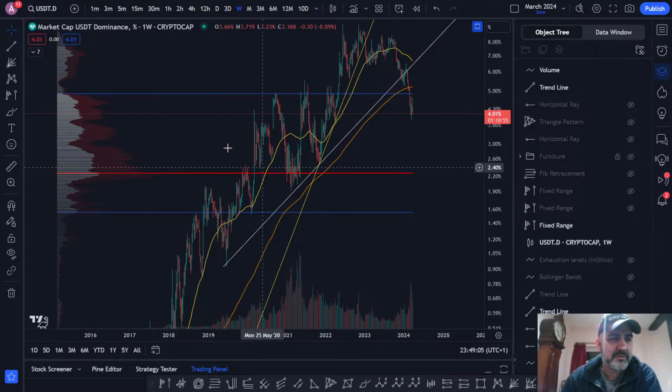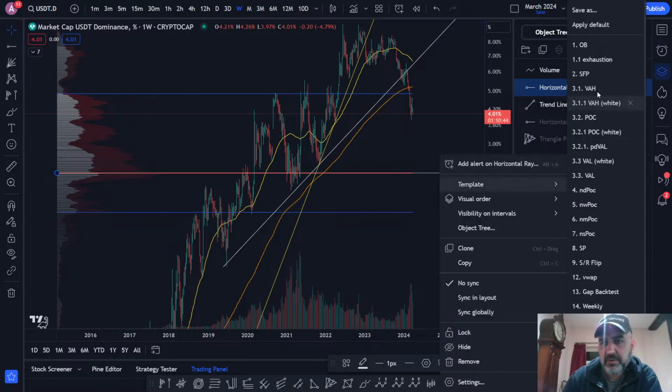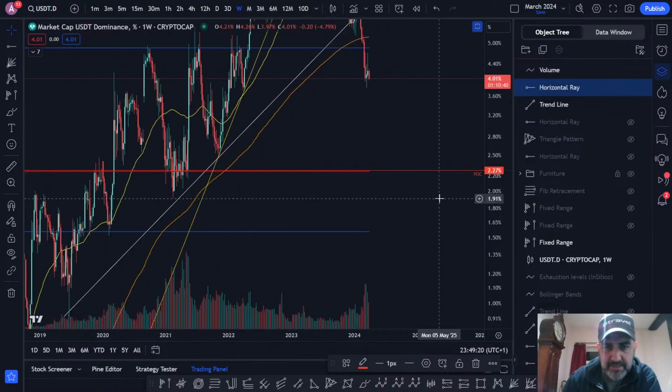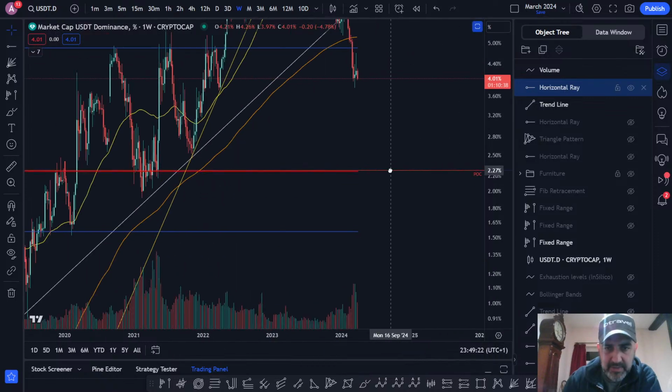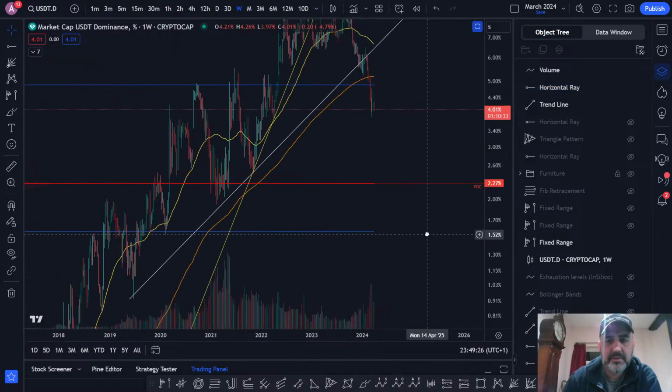For some reason these things are synchronized. There's no reason to think that it's not going to happen on Q. So I'm just going to mark that out, point of control. That'll be a good place for the price to be back into USDT when USDT.D comes into support.